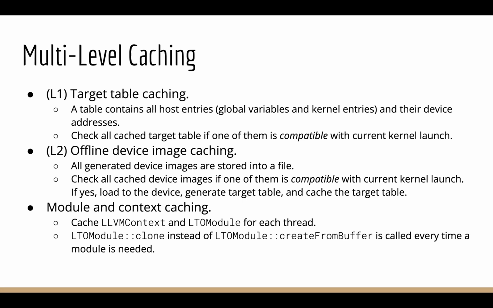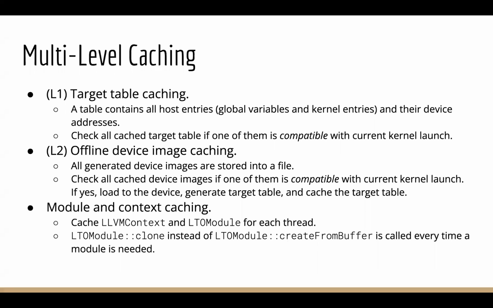Basically it means whether we already have the corresponding device image loaded to the device. If that is the case, we can directly use that target table. We check whether the cached target table is compatible with the current kernel launch. How to define compatible? I'm going to cover it later.